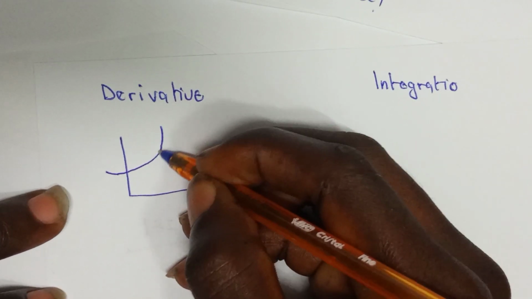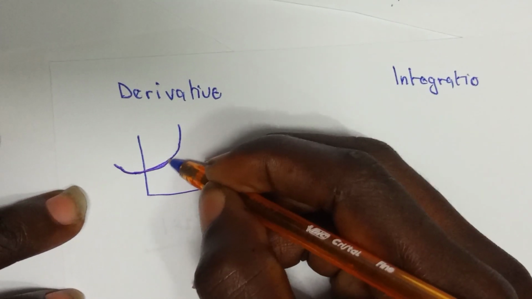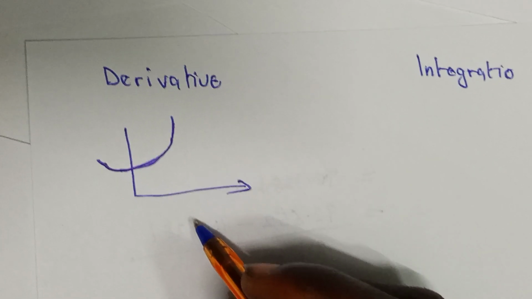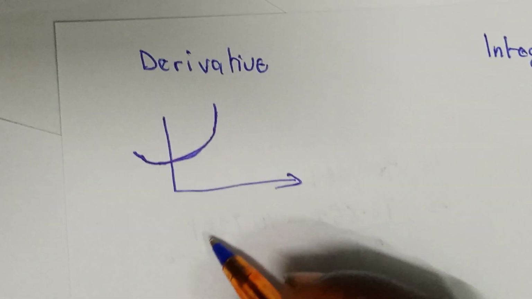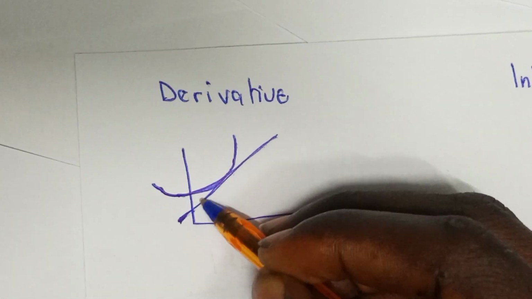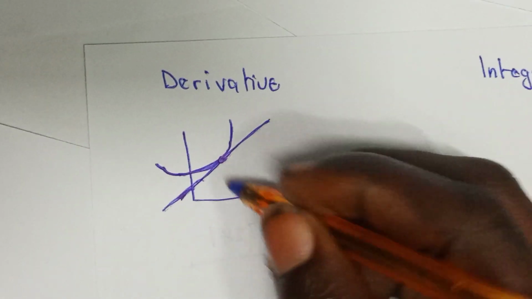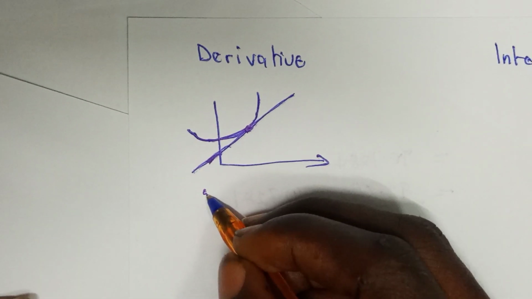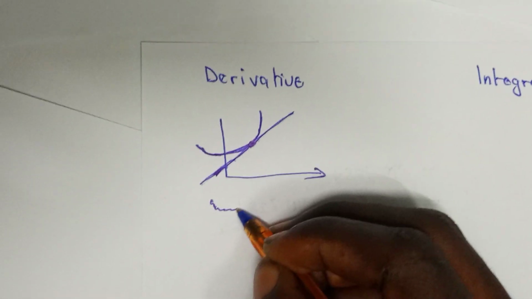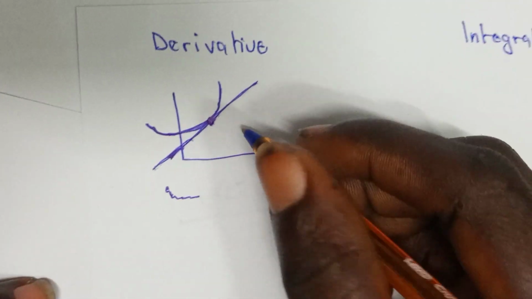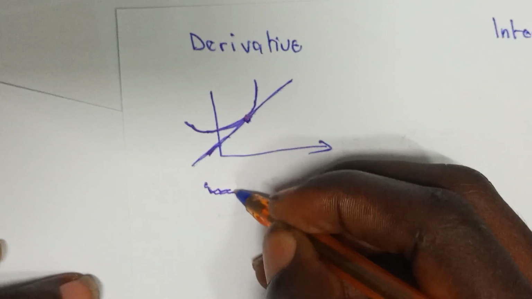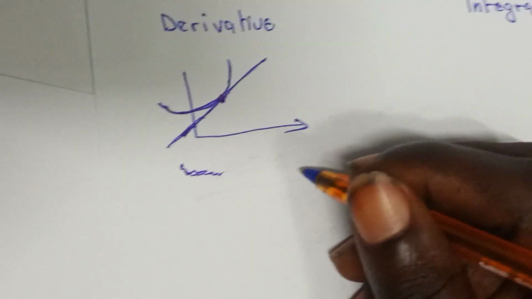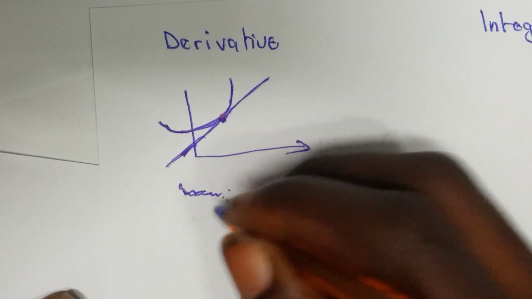If you have a curve, the derivative of a function tells us the slope of the tangent of a line at some point, at some values of x, and it calculates the instantaneous rate of change.